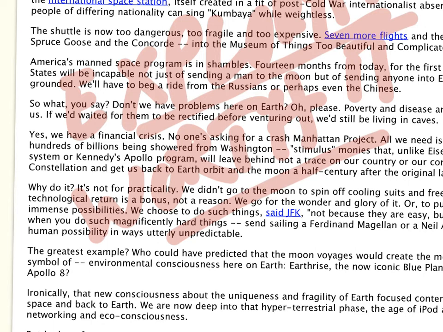We've actually had that image ever since we had unmanned flights around the moon, and even manned flights that didn't land on the moon. So is that image worth it? I'm not so sure it is.